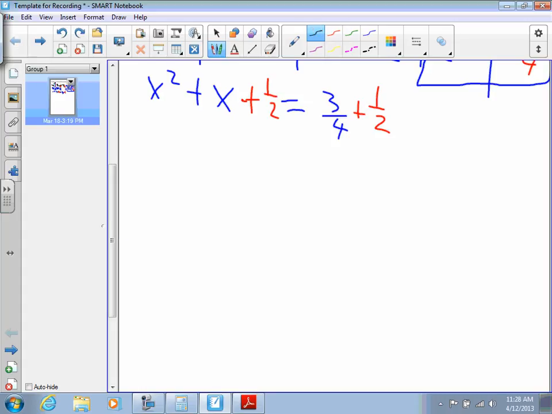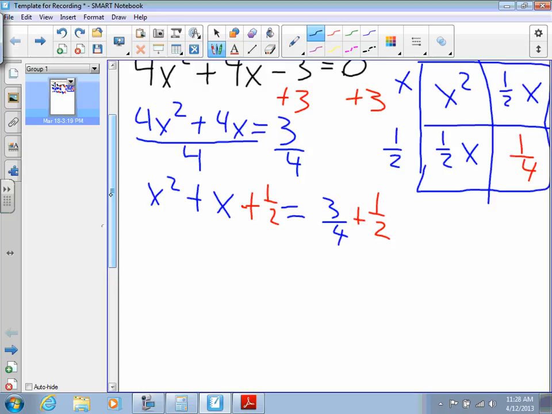So now let's go ahead and write the left side of the equation in its factored form. We have x plus 1/2 squared, and that equals 3/4 plus 1/4.